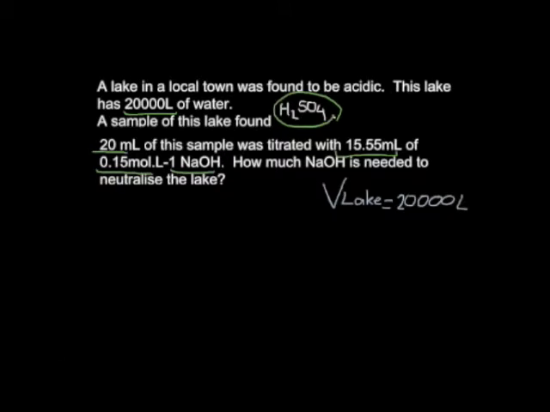The next bit of information we know is that 20 mils of H2SO4, and we now need that in litres, so it equals 0.020 litres, was titrated with 15.5 mils of sodium hydroxide. So now we have the volume of sodium hydroxide.